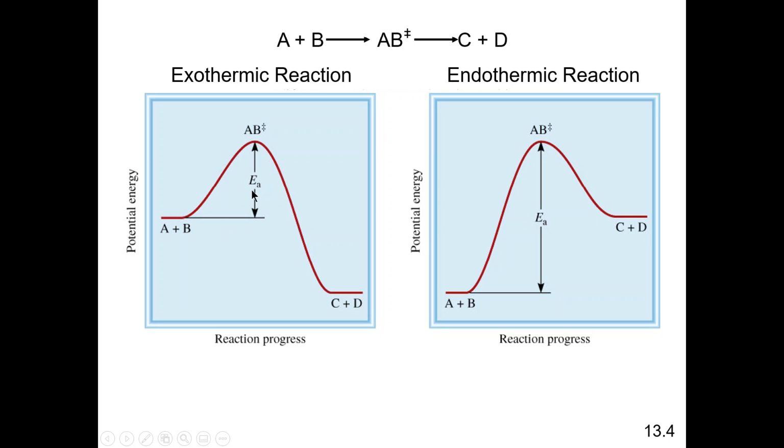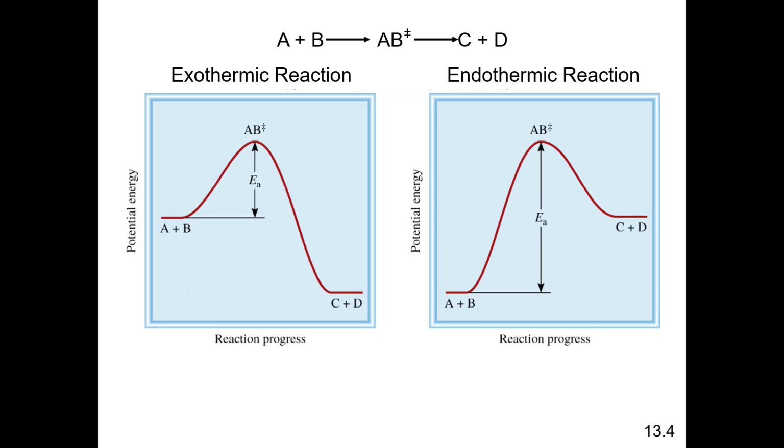That EA is called the activation energy, and it represents the minimum energy that is needed by the reactants in order for the reaction to take place. If the reactants do not have that minimum energy, then the reaction will simply not take place, and the reactants will basically reform in their original phases.